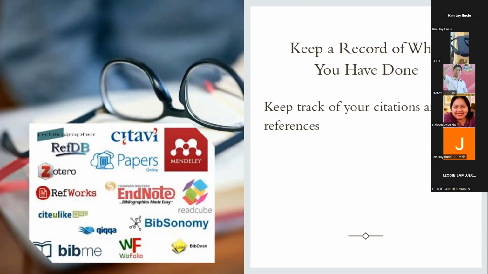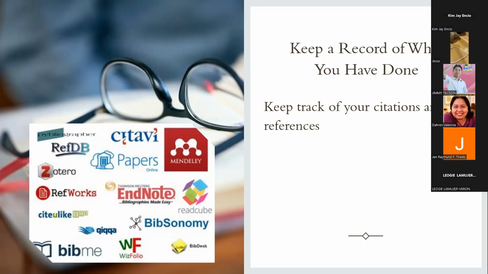I've tried them, and these are actually very simple, just a few clicks. What I've tried is ResearchGate. Once you have found a paper that is relevant, there is an option to cite this paper or cite this author. And then it automatically gives you the citation, depending on the format.